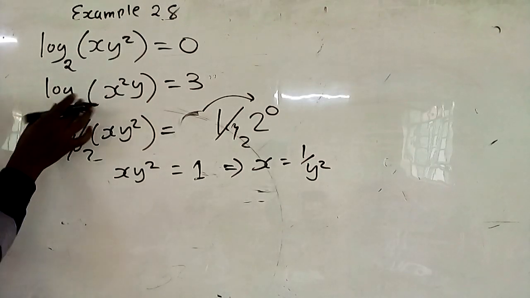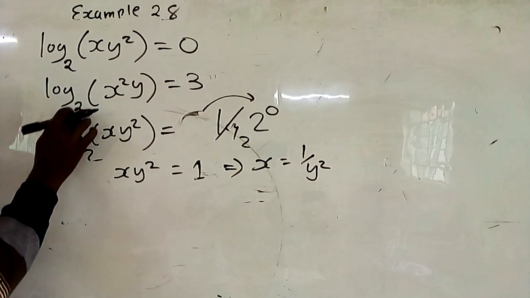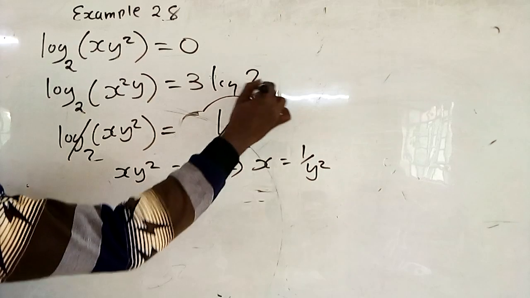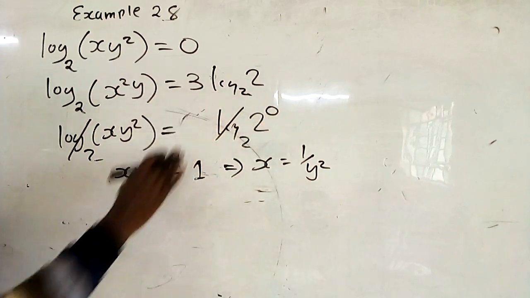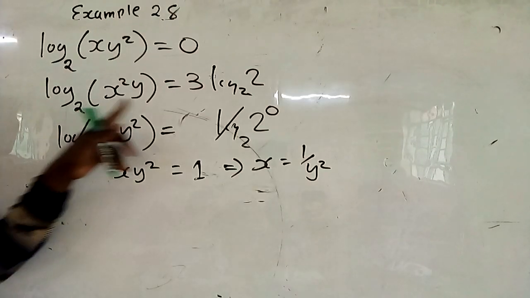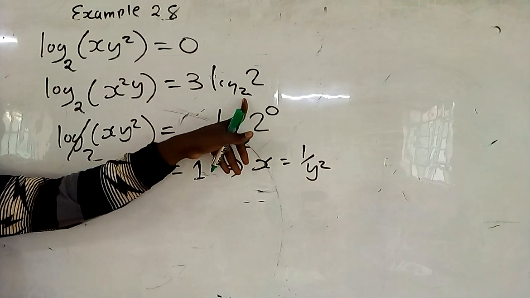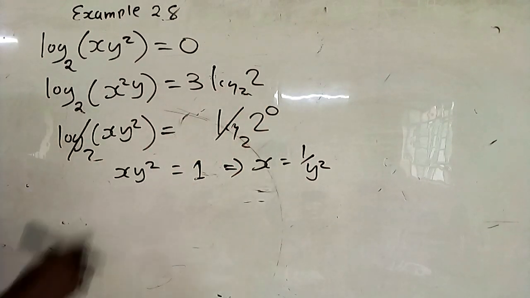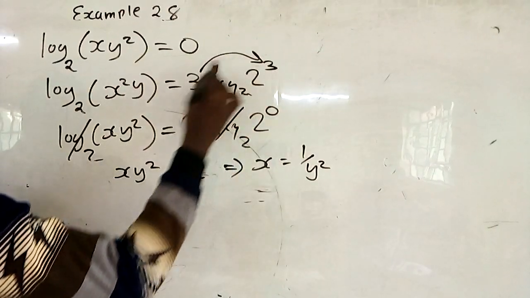Then you go to the second case. If you have log of x squared y to base 2 equal to 3, you simply introduce log 2 to base 2, so that you have the same base on either side of the equation, because log 2 to base 2 is 1. So this becomes the power.